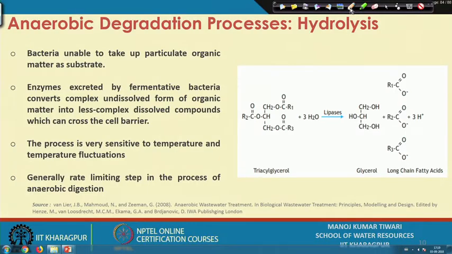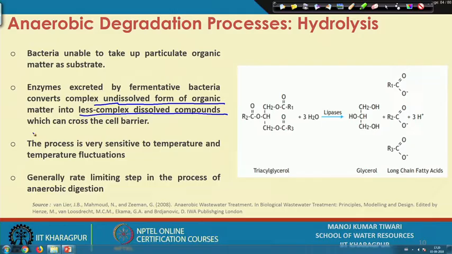what they do is excrete certain enzymes. These fermentative bacteria excrete certain enzymes which convert this complex undissolved form of organic matter into less complex and dissolved compounds. So, what happens when these undissolved and complex organic matter are converted into the less complex and dissolved organic matter?